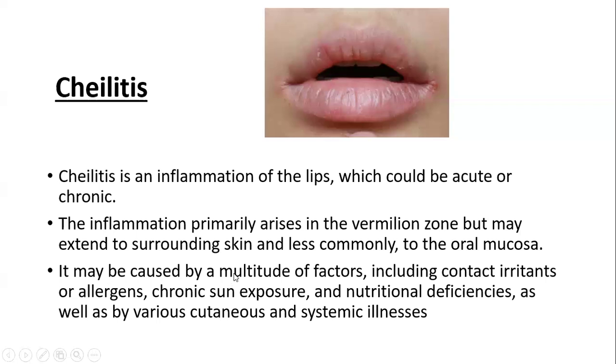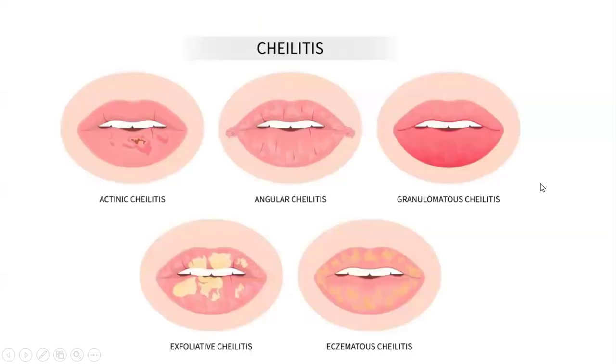It may be caused by a multitude of factors that include contact irritants or allergens, chronic sun exposure, and nutritional deficiencies, as well as many cutaneous and systemic illnesses. In this talk, we are going to discuss different causes of cheilitis.